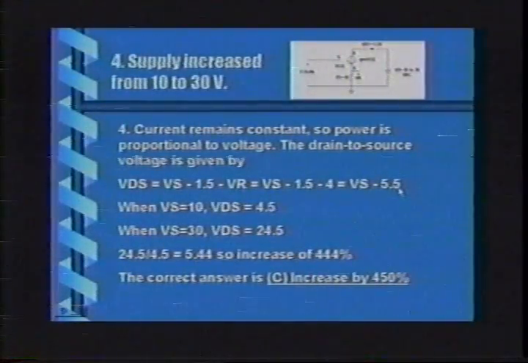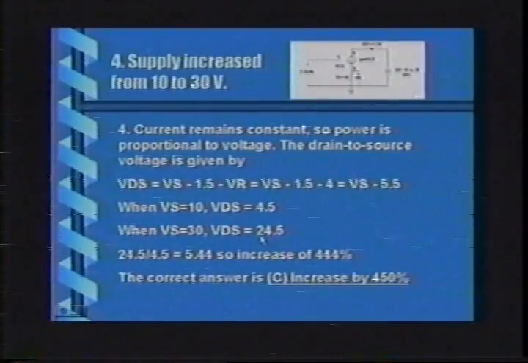Now let's look at the 2 extremes. When the variable supply is set at its minimum of 10 volts, VDS, the voltage across the drain to source of the FET, is 4.5 volts.